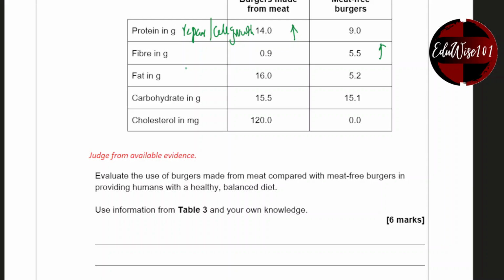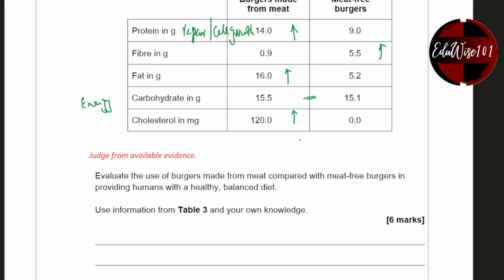It prevents constipation and helps aid digestion. Fat and cholesterol are important for insulating your body organs, and are a source of energy as well. There's more fat in the burgers made from meat. Carbohydrate in both burgers seems to be very similar, and carbohydrates are needed for energy.